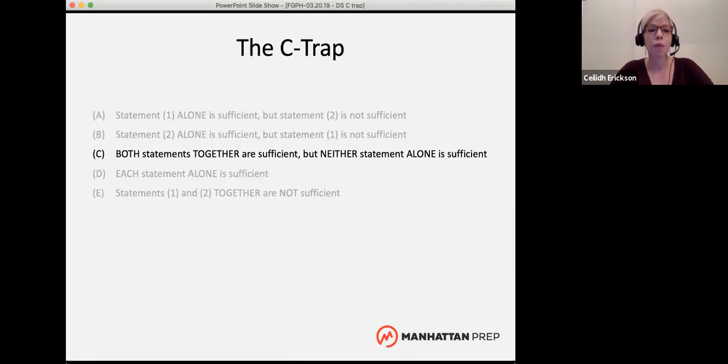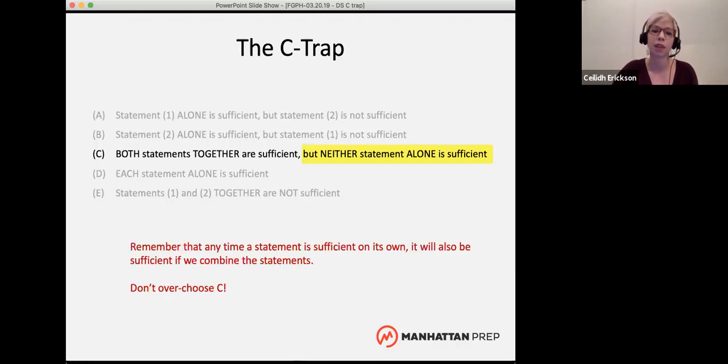I want you guys to remember that C doesn't just mean both together sufficient. It's together they're sufficient, but neither alone is sufficient. And here's what's really interesting. Here's what happens in data sufficiency that does not happen in any other question type. C is really tricky. C tends to be overchosen because people forget about the second half of what C means.